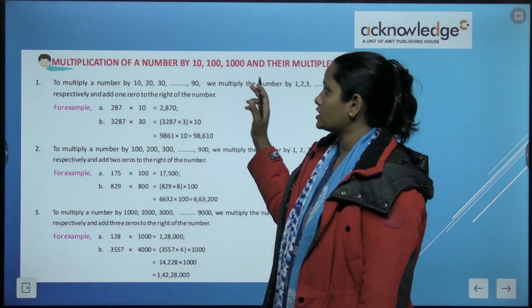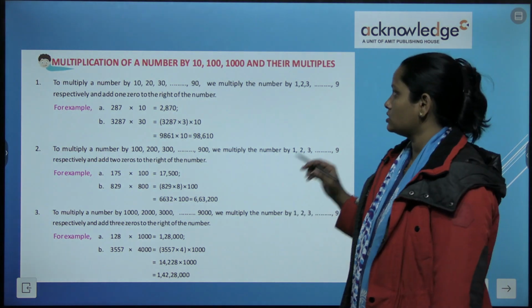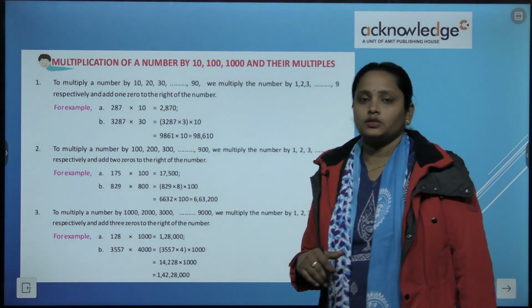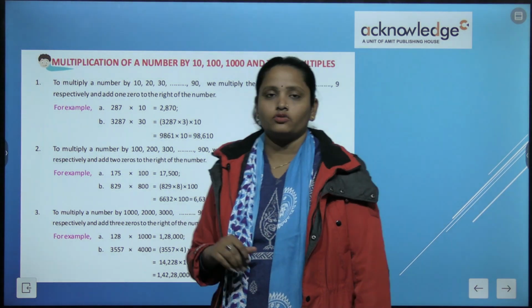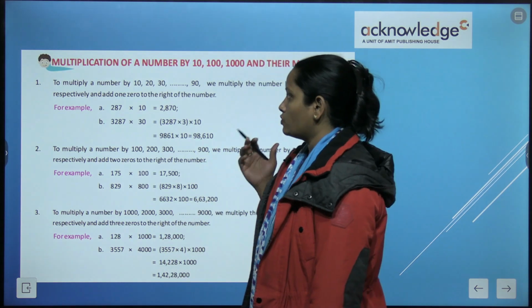Now, multiplication of a number by 10, 100 and 1000 and their multiples. किसी भी नंबर को अगर 10 से 100 से 1000 से मल्टीप्लाई करते हैं, so what we get?